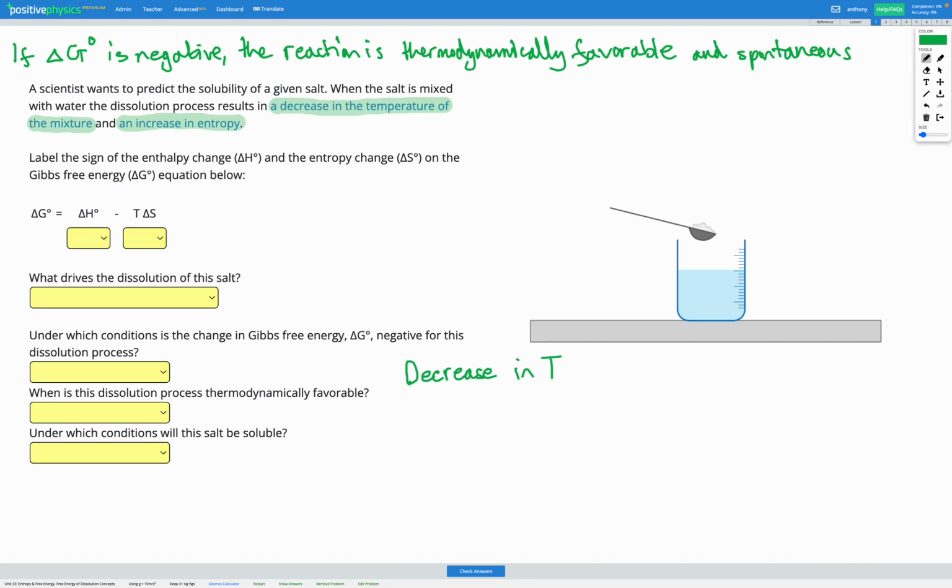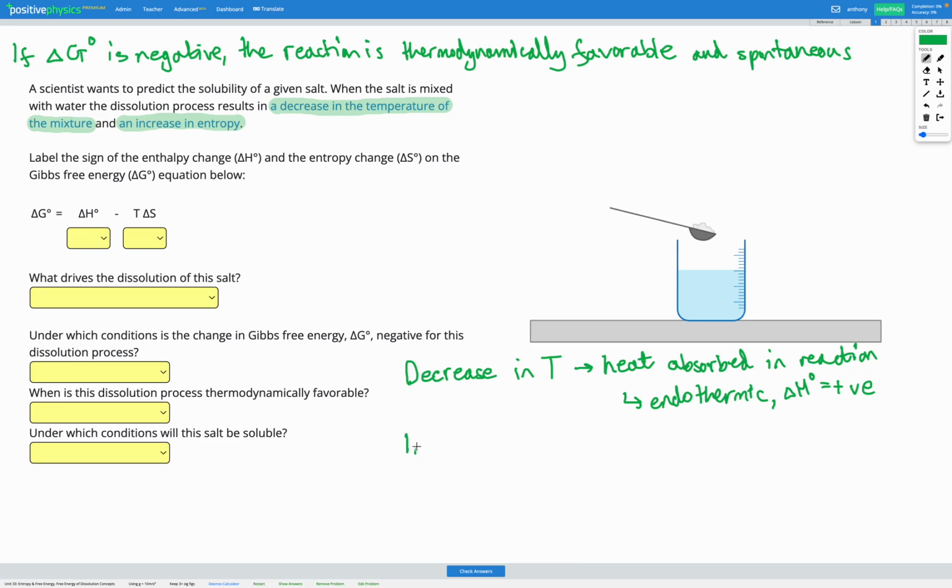So decrease in temperature means heat absorbed in the reaction. If heat is absorbed, that means it's an endothermic reaction. And if it's endothermic, that means our delta H is going to be positive.